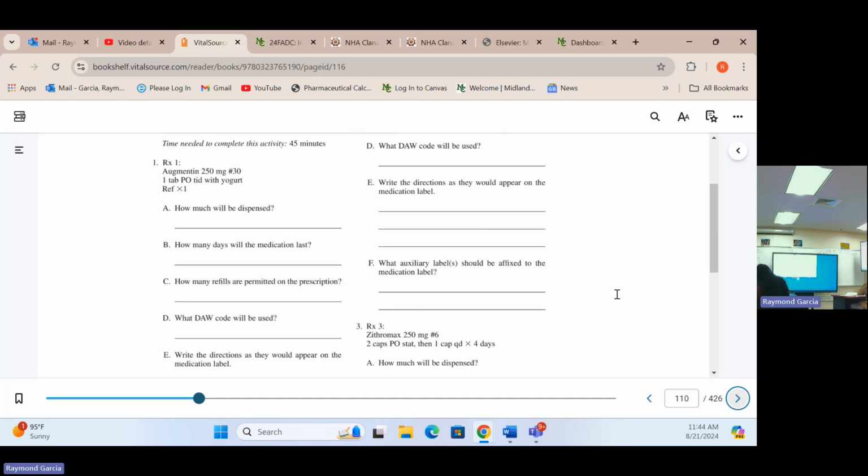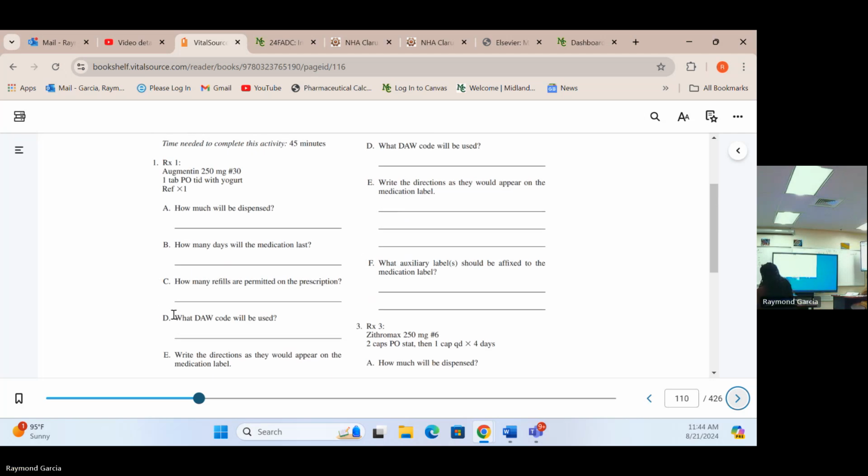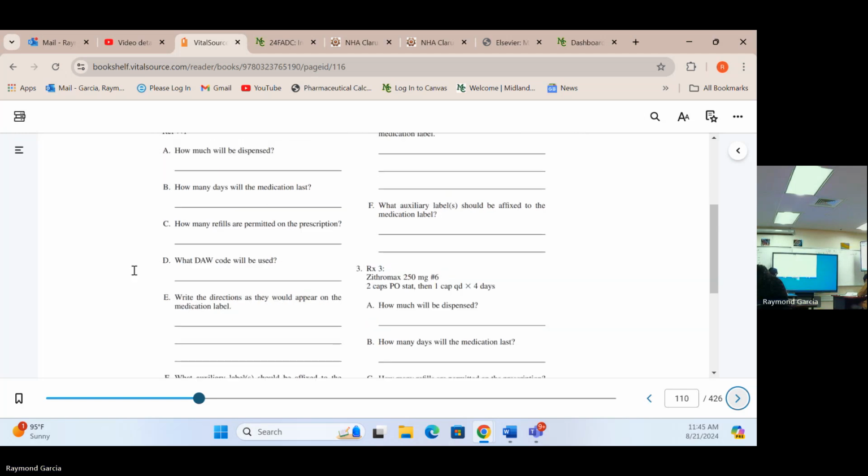Letter C, how many refills are there? 0, because it's not specified. What are the directions as they would appear on the medication label? Make sure you put a verb before that 1 tablet. 1 tablet by mouth 3 times a day. Make sure you begin with a verb.